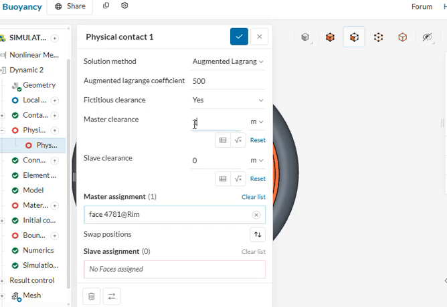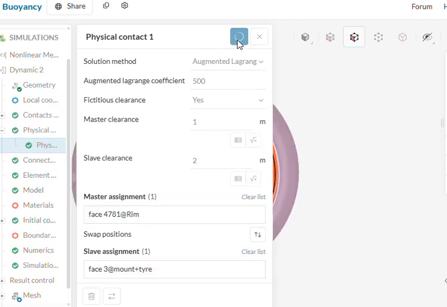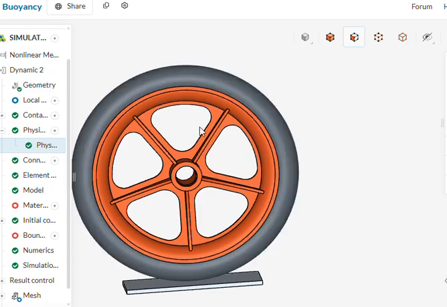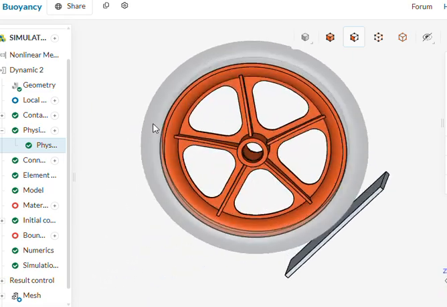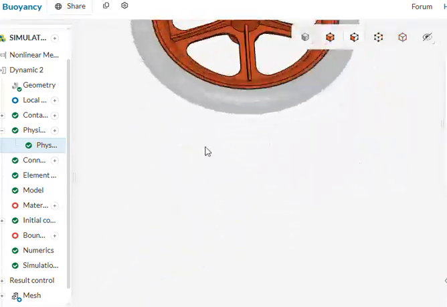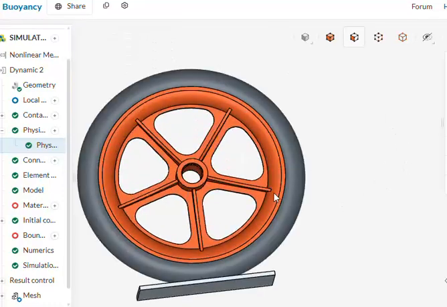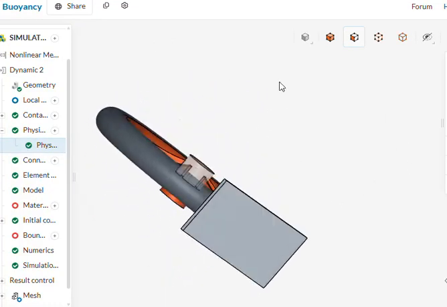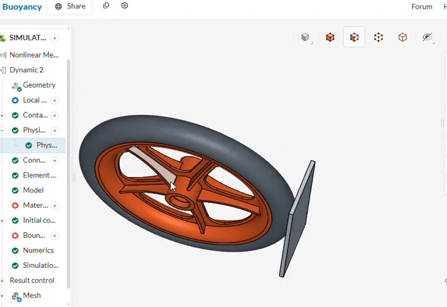Let's go with 1 meter. It's the sleeves. Now we kind of looks a little different.